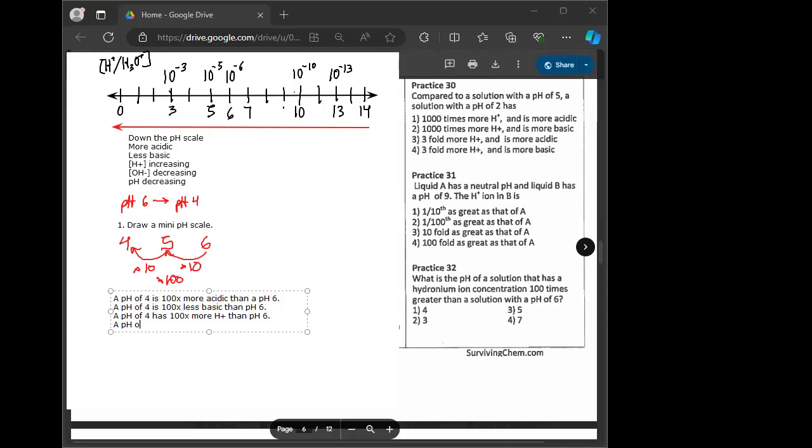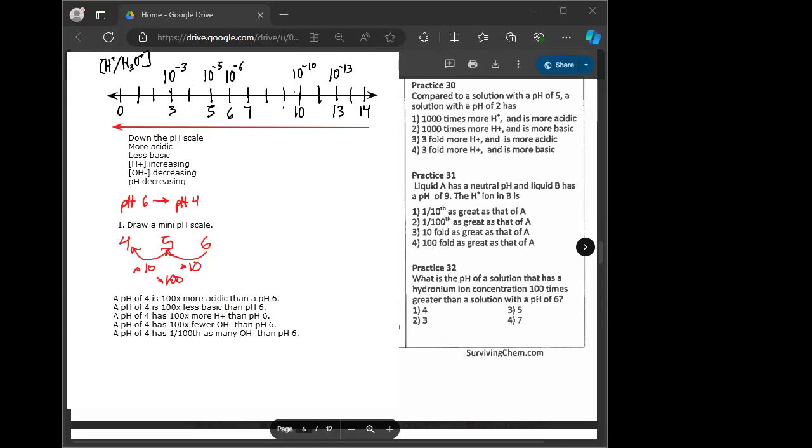We could also say a pH of 4 has 100 times fewer OH ions than a pH of 6. We could even say a pH of 4 has 1/100th as many OH ions as a pH of 6. Saying 100 times fewer is actually the same thing as saying 1/100th.